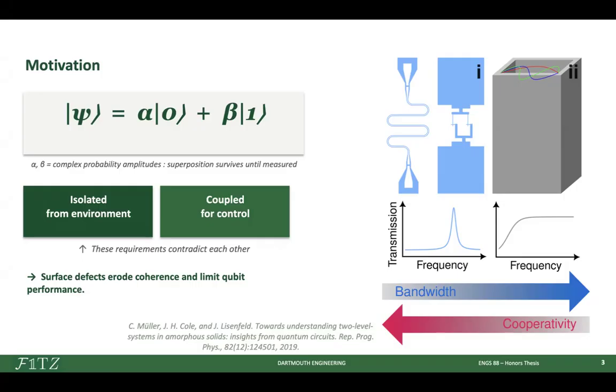Now, traditional methods of probing these defects use resonators or qubits, and those are very sensitive, but also very narrow. Our lab's approach is broadband, meaning that we give up some of that sensitivity, but we gain the ability to see more of the whole picture.